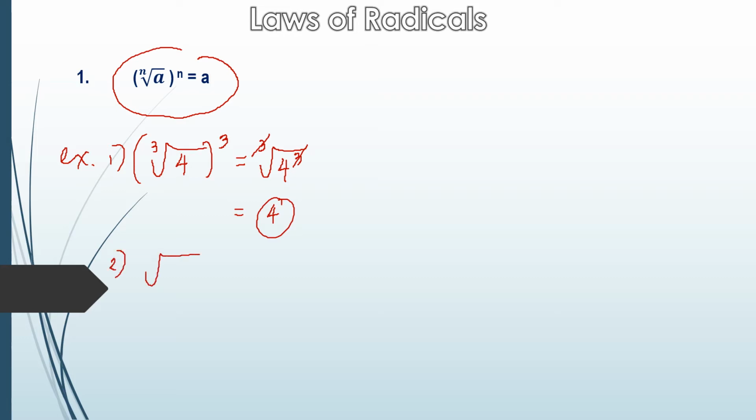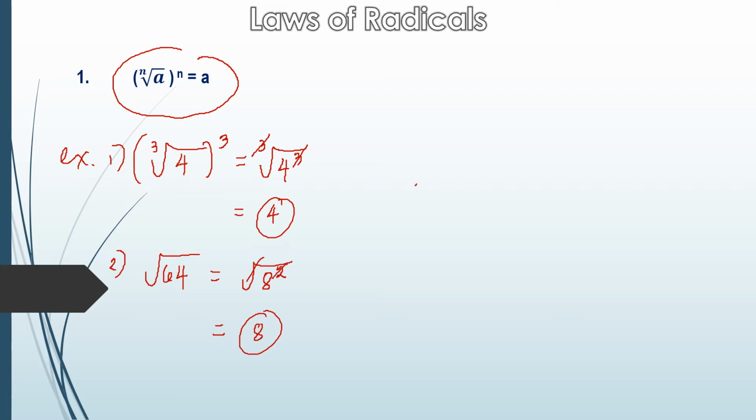Let's have another one. Let's say we have the square root of 64. First, we will express 64 in exponential form. We know that 64 is the same as 8 raised to the second power. And applying the given law of radical, this expression is equal to 8.